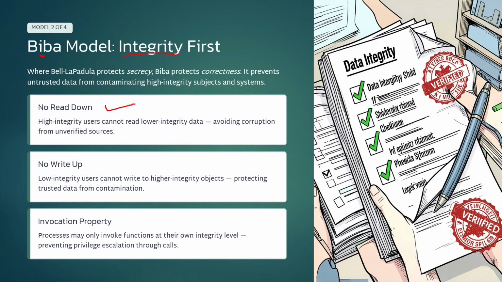Because if there is some public information, thinking from the other side, the higher level people should not rely on that unverified information. Again, take a financial auditor: he will not rely on unverified records. He will say, show me the verified records, and only then will I rely on that and do the finance audit on that basis. So that is no read down.